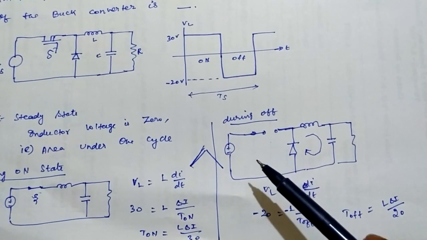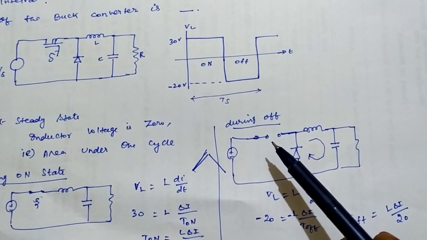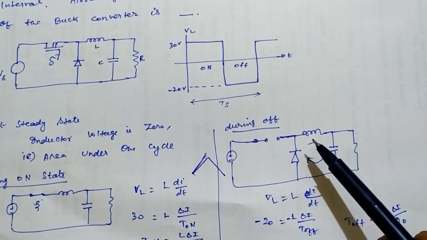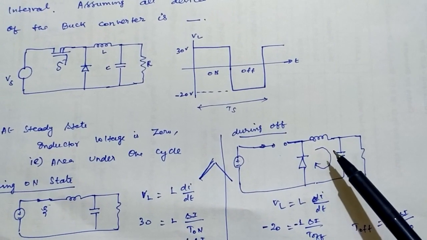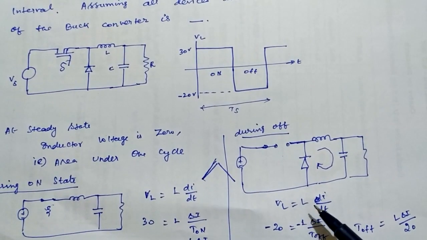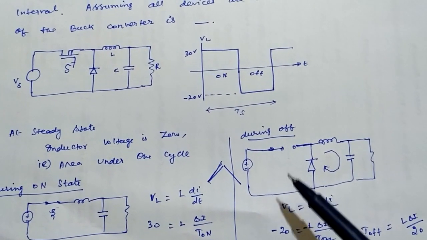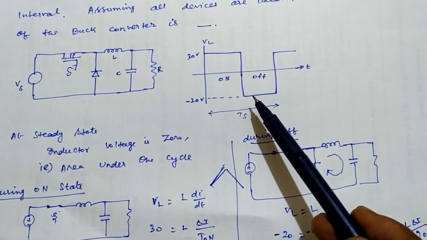Similarly, the next one. When the switch is off, the inductor tries to discharge through the diode. At that time again the voltage across the inductor is L into di by dt. During the off time, the voltage across the inductor is minus 20 volt.